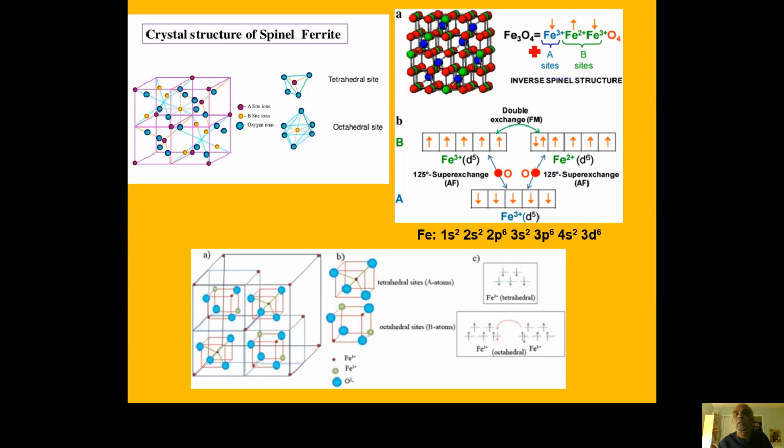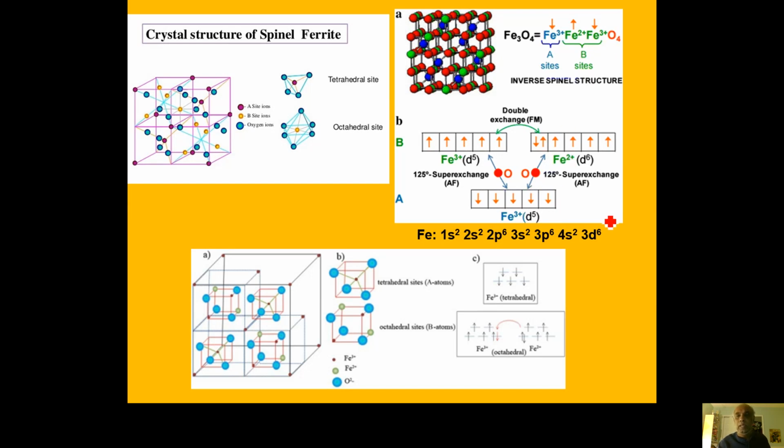So Fe3O4 you can write as Fe3+, Fe2+, then Fe3+ O4. So this is your A site, and this is your B site, because that's why you have 4 oxygen and 6 oxygen surrounding those ions.